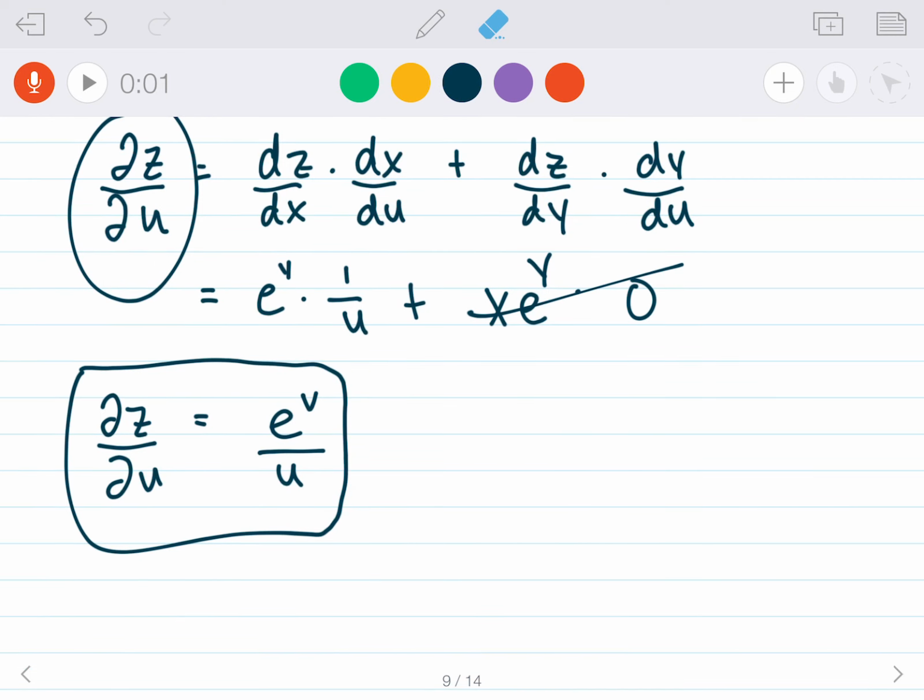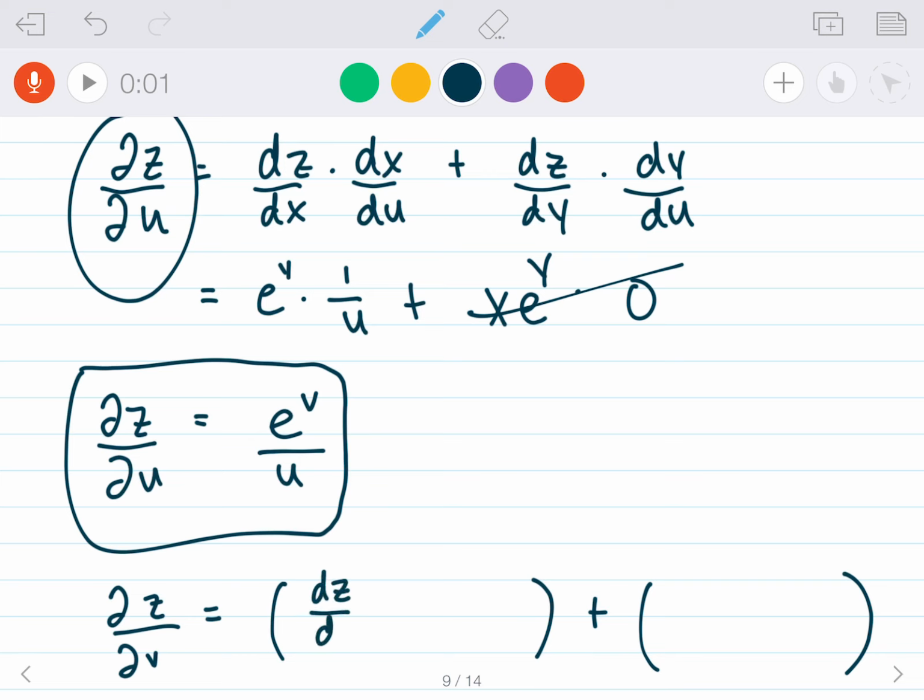So we now want to find the partial derivative of z with respect to v. Okay, so I have my x's that I'm going to write here, plus my y's that I'm going to write here. And first thing, I have dz dx. I want the dv on the bottom, so I'm going to multiply by dx dv, right?